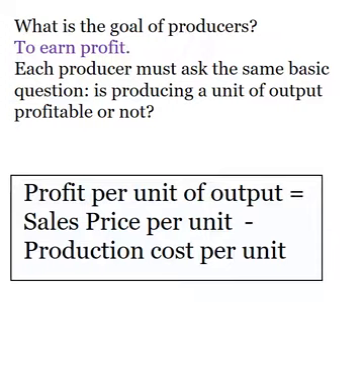They want to figure out, is each unit profitable? So profit per unit equals sales price per unit minus production cost per unit. Price from the producer point of view is how much they can sell it for, so producers want the price to be as high as possible for the goods that they're selling.